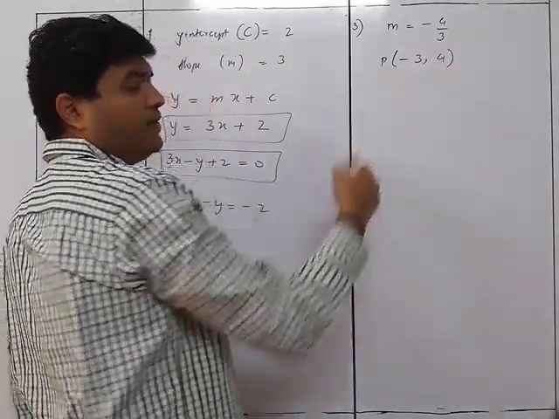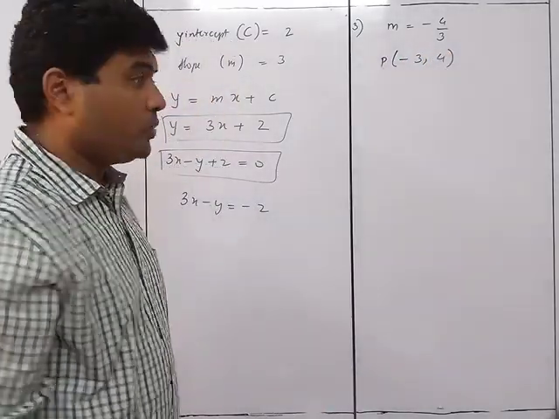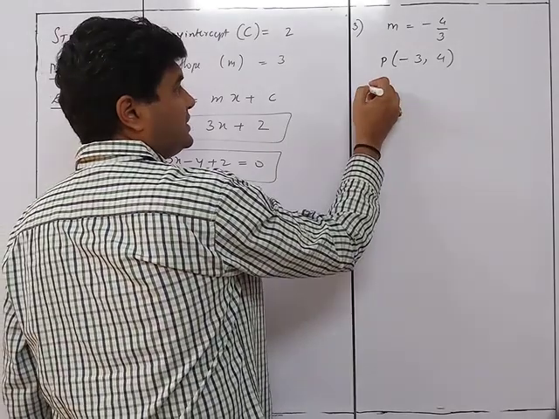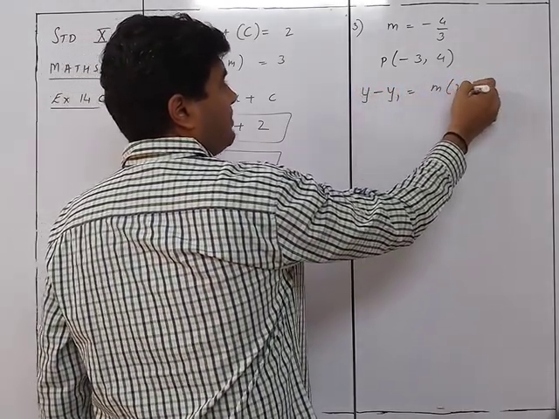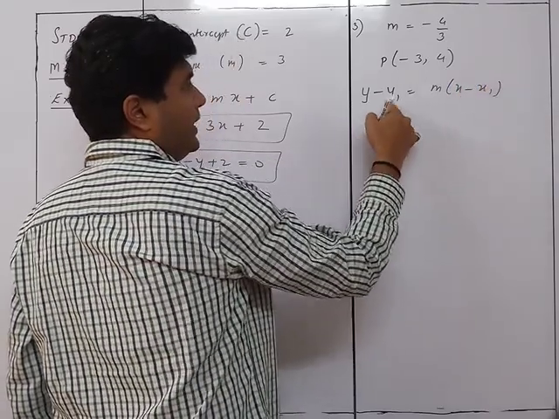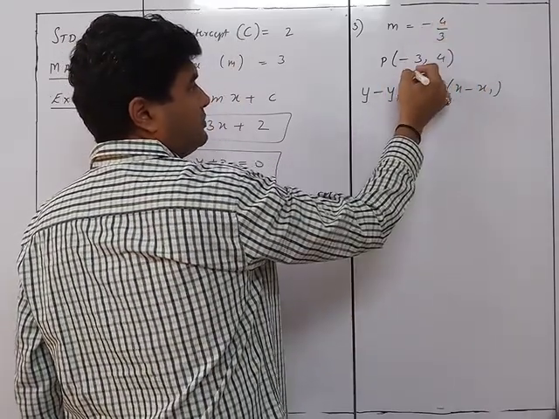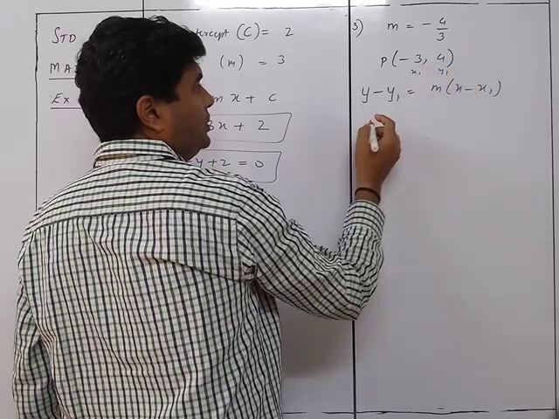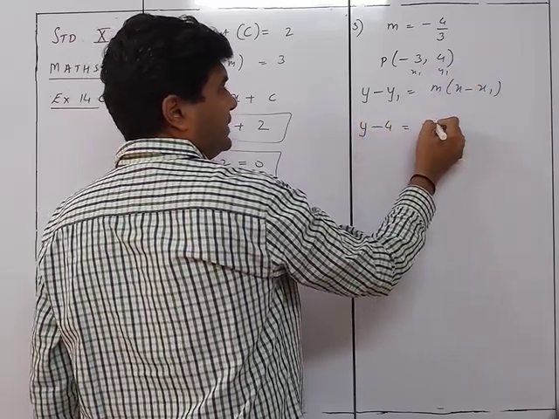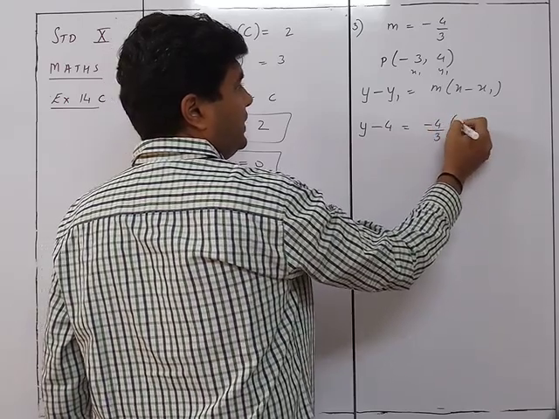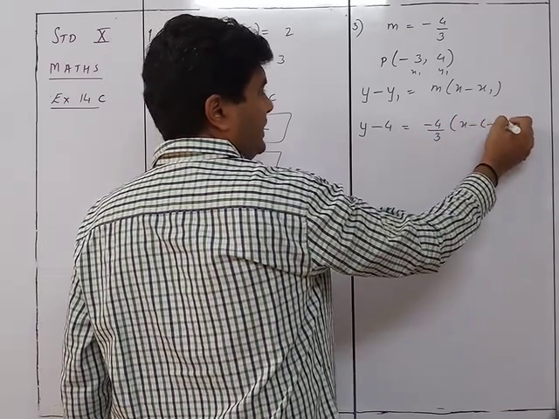So you have a point and a slope. So we will use the point slope method, which is y - y1 = m(x - x1). So this is my m, this is my x1, this is y1. Accordingly we have y - 4 = -4/3 into (x - (-3)).